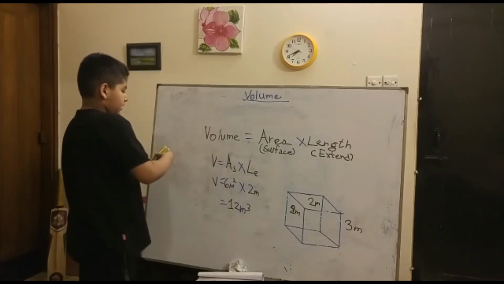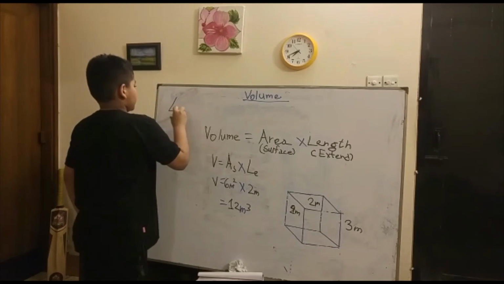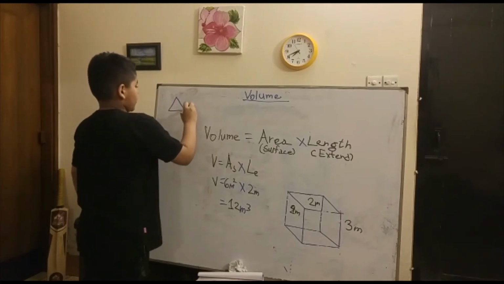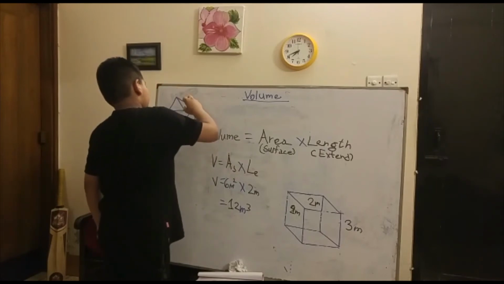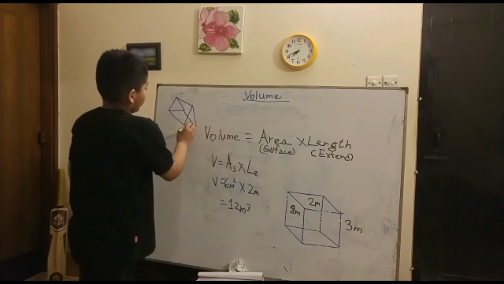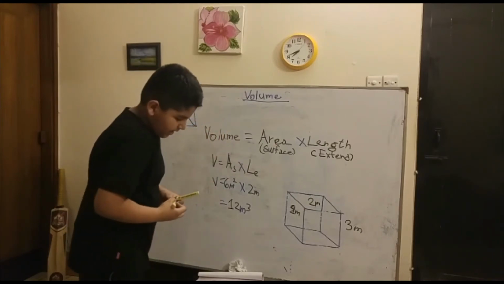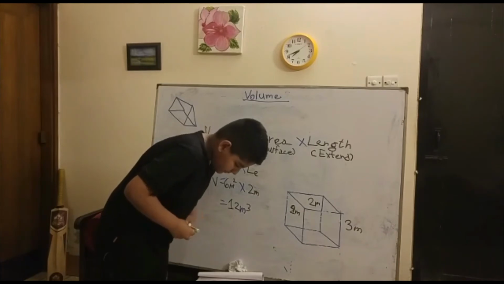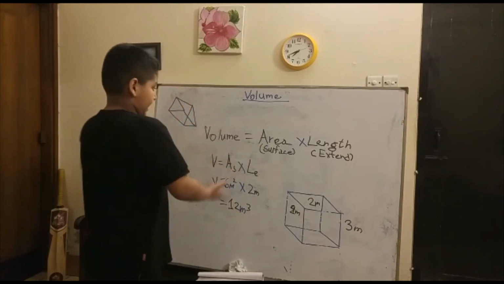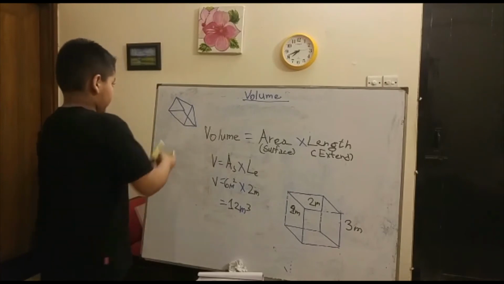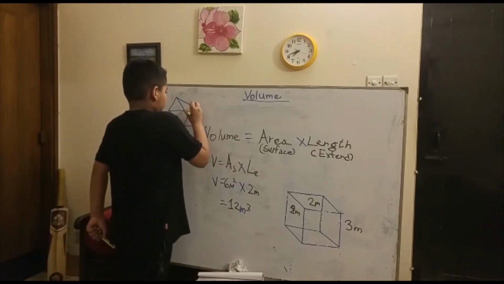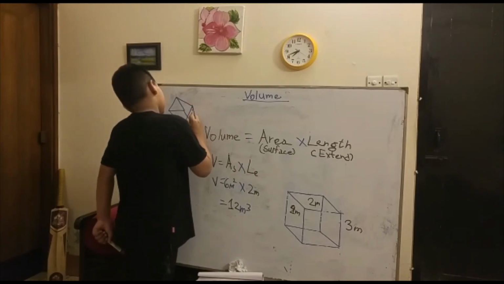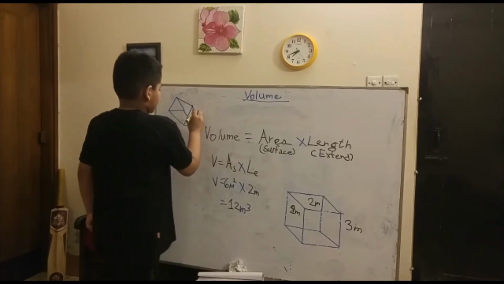Now let's see a triangular prism. I can draw it up here so you don't need to worry. A triangular prism would have precisely the same formula. We have to check the area, which is one half times the base times the height.